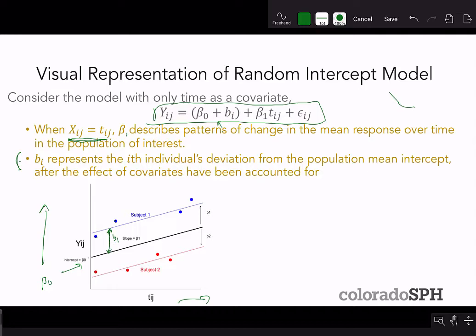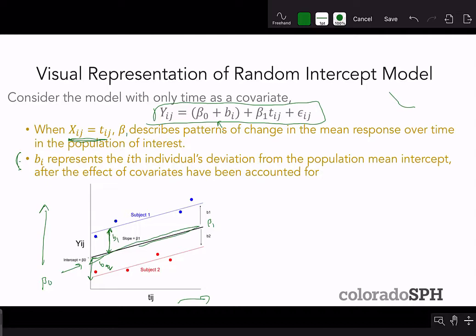And for subject 2, the intercept is the difference between their intercept here and the population intercept, beta 0. So that's going to be b2, the subject-specific intercept for the second subject. And so what this model is saying is that we have a population slope, beta 1, and a population intercept, beta 0, and that line characterizes the population mean, describing the association between time and the outcome here.